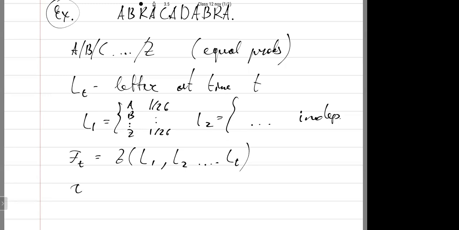And tau is the first moment of time when we see abracadabra. It's the first moment of time, minimum t, such that we see, I don't care what is before, maybe it's BBBBB or CCCCC or CD, but we wait for abracadabra.